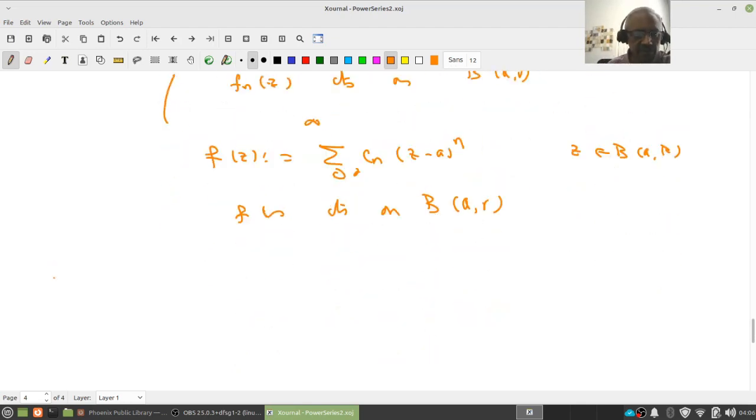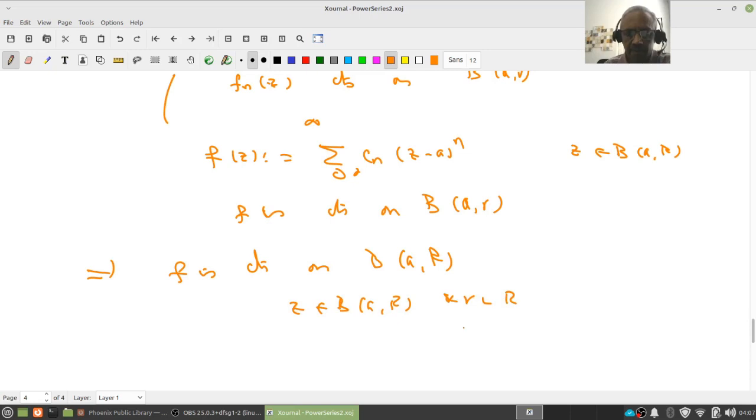I say this actually proves f is continuous on B(a, R). Why? Because start with any z in B(a, R); as we did earlier, there is an r such that z belongs to B(a, r), on which the function is continuous. Therefore, f is continuous at z, and hence f is continuous at each and every z in the larger disk B(a, R).